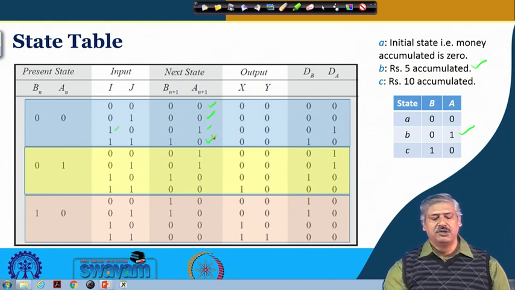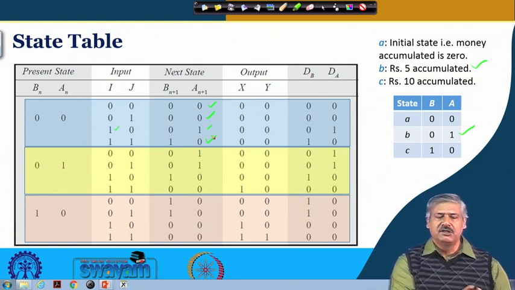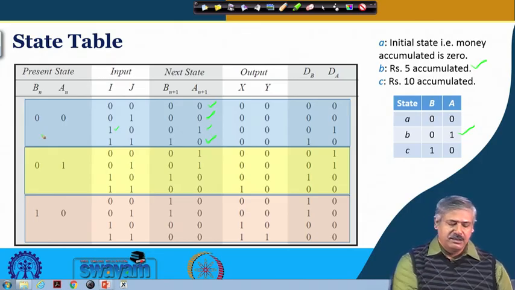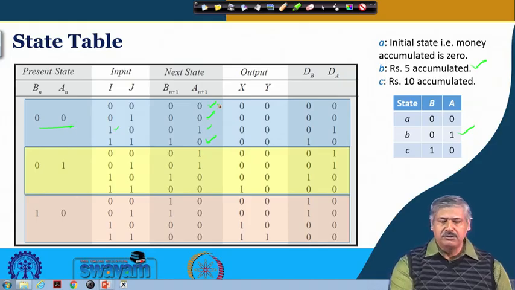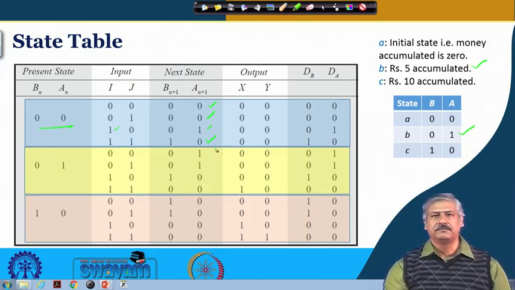Is it fine? So from the ASM chart we can find out, for what combination of the inputs I and J, from the current state we go to a specific next state. Is it clear? So that is the ASM chart to state table mapping.